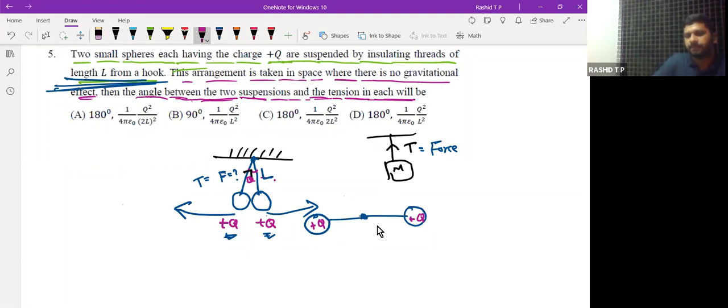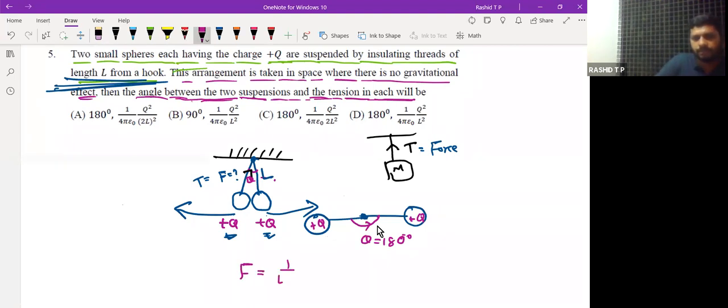I mentioned in classical mechanics that tension is always away from the mass. We need to find out the force also. There is a force between these two. Now it is clear that because of the Coulomb repulsive force, the angle between them, theta, is equal to 180 degrees.